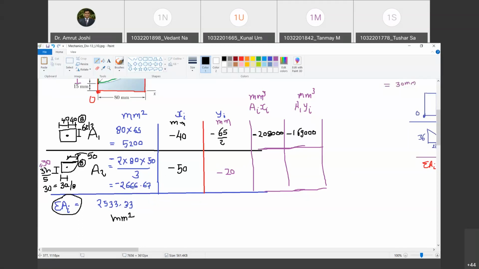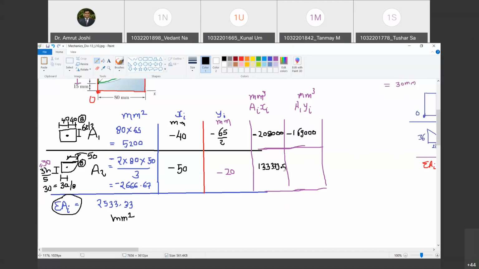2666.67 into 50, because minus minus is going to become plus. Tell me. 133,333.5. Right? Okay, that point is not visible.